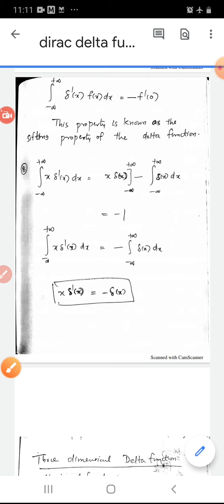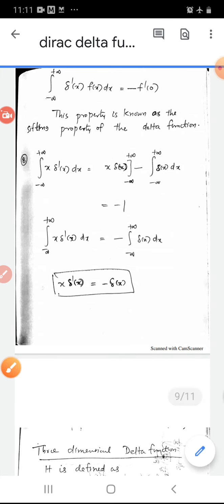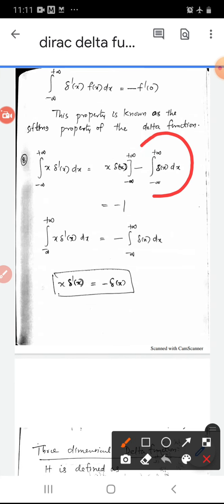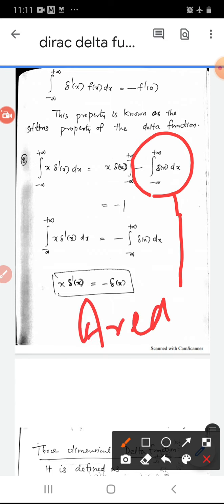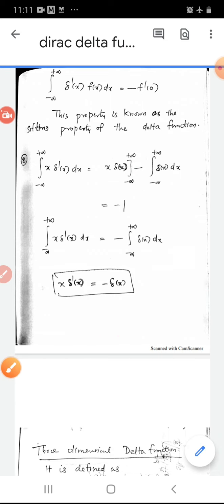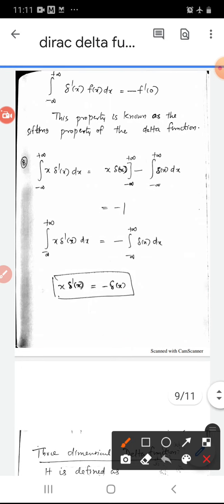And this term is minus 1, because the integral minus infinity to plus infinity delta x dx is the area, and we know for the Dirac delta function the area is equal to 1. So we will be getting minus 1 here.